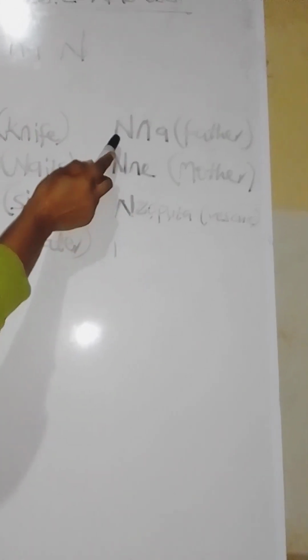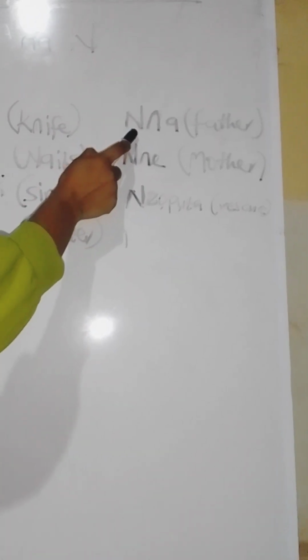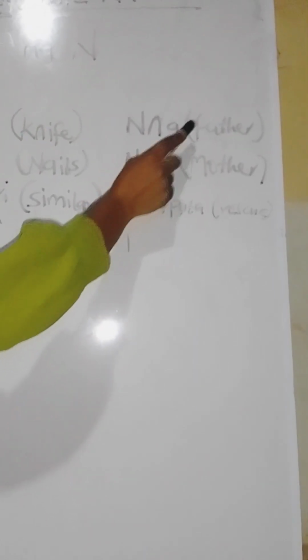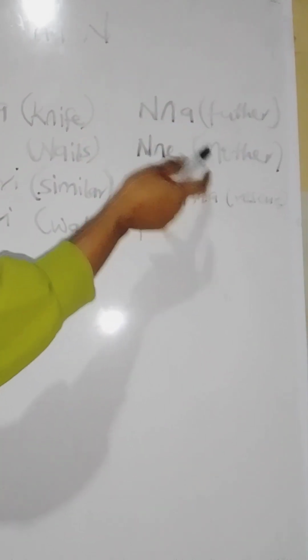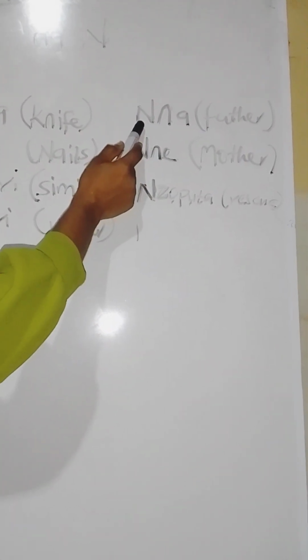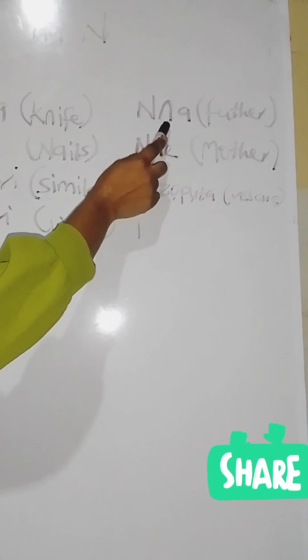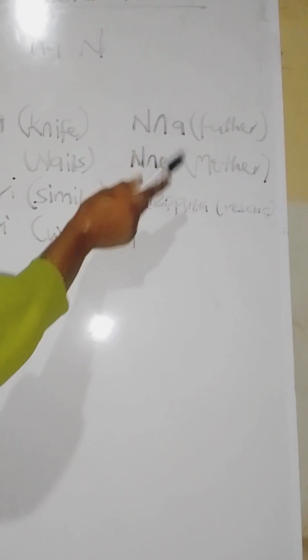When you look here, the first n sound is working as in nna, that is father. Nna means father. You can say nnam, that is my father. This n here is working as a syllabic nasal, while the second n is working as a consonant sound.